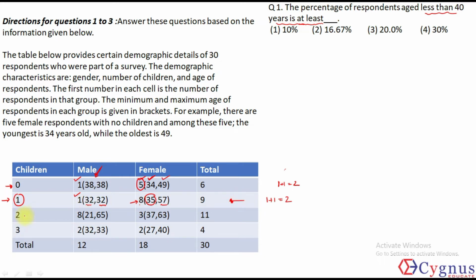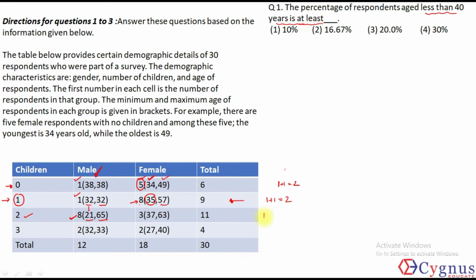Look at the third column, third row. Number of children, 2. How many males have exactly 2 children? 8. The minimum age is 21, maximum is 65. In this case, I'll assume that only one person is 21 years and the remaining 7 people are more than 40 years old.